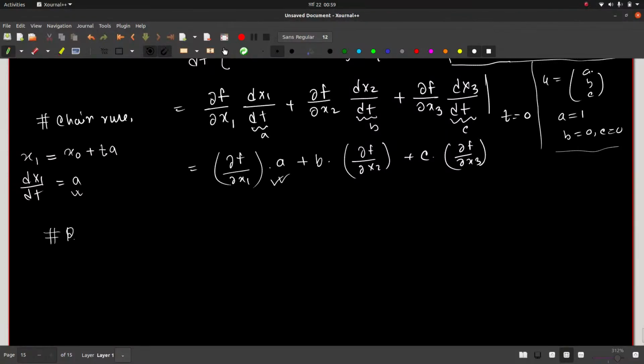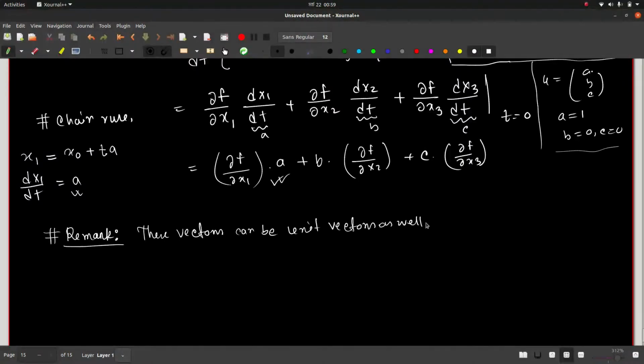And there is another remark, is that these vectors can be unit vectors as well. And the reason is kind of arbitrary, because if you keep these vectors as unit vectors, that means the modulus of those vectors are 1, then you can define the directional derivative, but at the same time you also retain the definition of tangents.